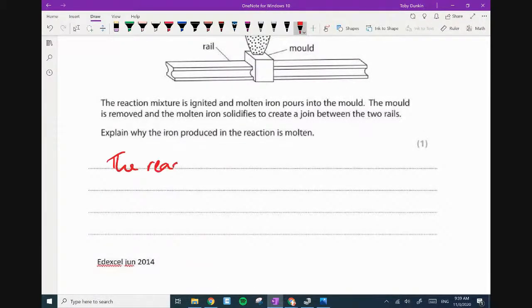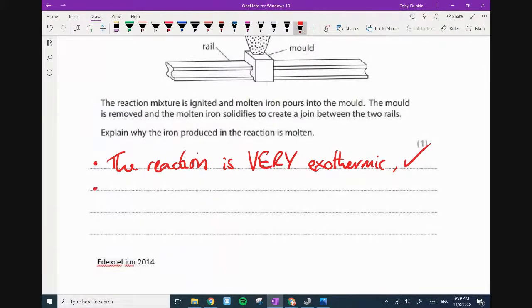The reaction is very exothermic. It's nice to actually tell you that. By the way, temperatures in excess of nearly 2,000 degrees Celsius, it's crazy hot, is very exothermic. By the way, that is the mark, just so you know.